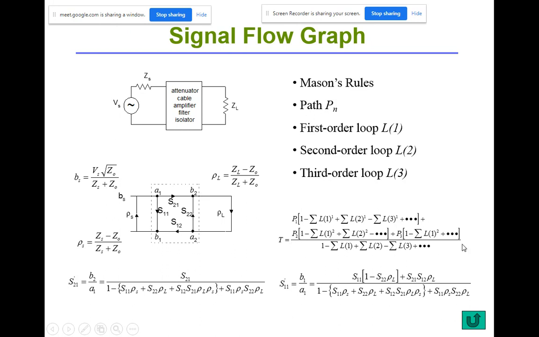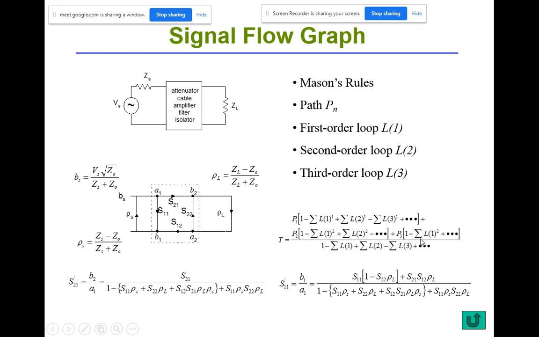Finally, you divide it by 1 minus the sum of first order loop plus the sum of second order loop and so on. At this time, it includes all the first order loops, all the second order loops, and so on. It doesn't care which path. Understand? Let's say we look at this example.